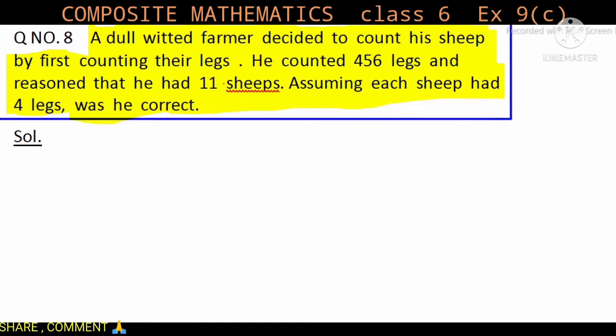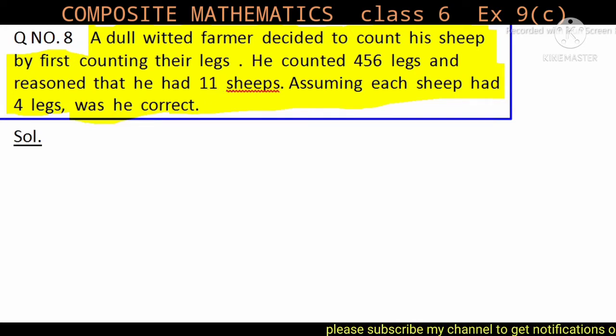Now you see, if he counted 456 legs and there are 11 sheep, then if we divide this and the number comes as a whole number, then it is correct. And if the number does not come as a whole number, if it comes as a fractional number, then he is not correct.